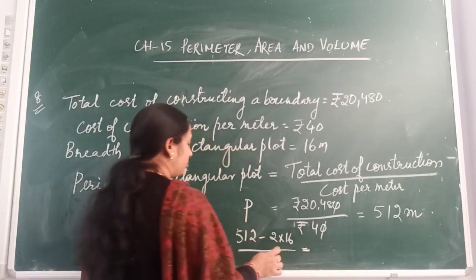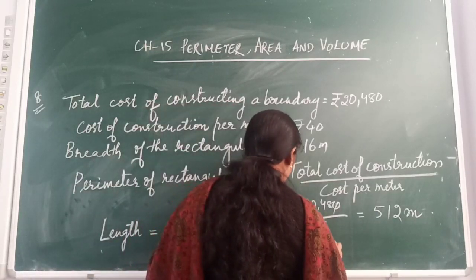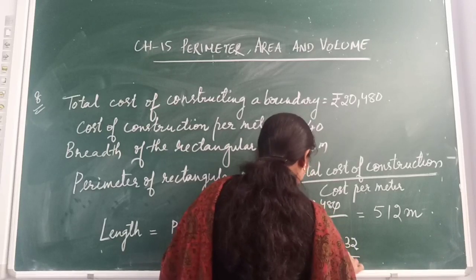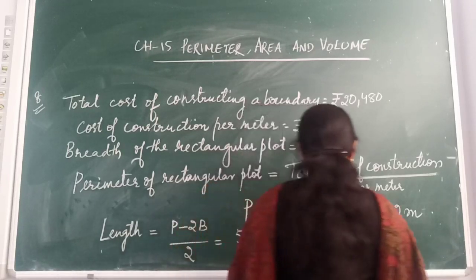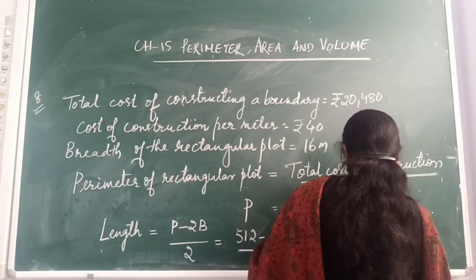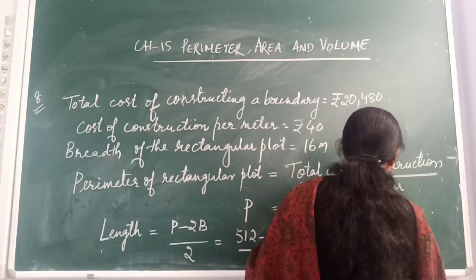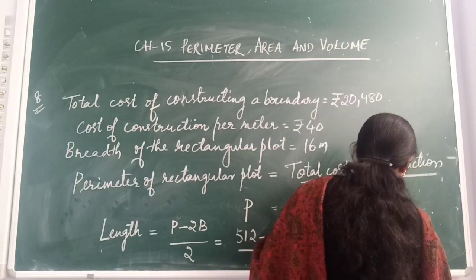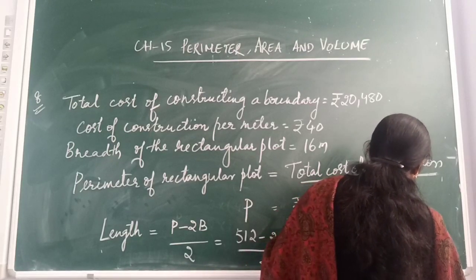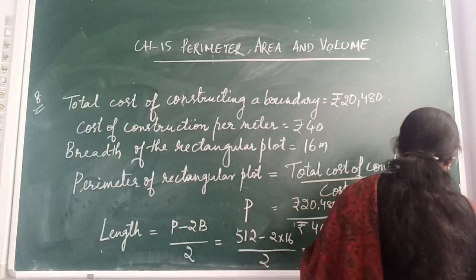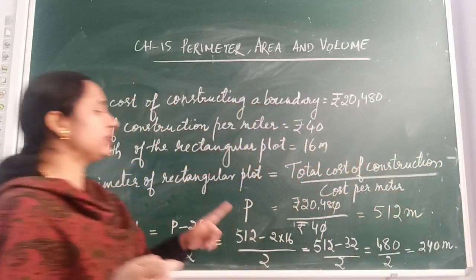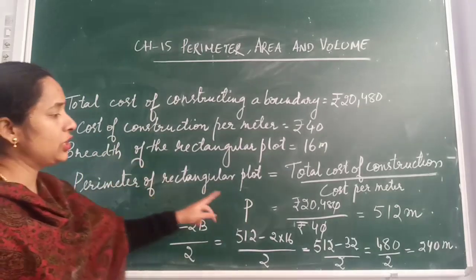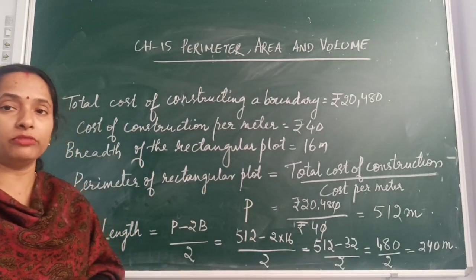Do the calculation part correctly, okay? 512 minus 32 is 480, 480 by 2 is 240 meters. So here the length of the rectangular plot is 240 meters.